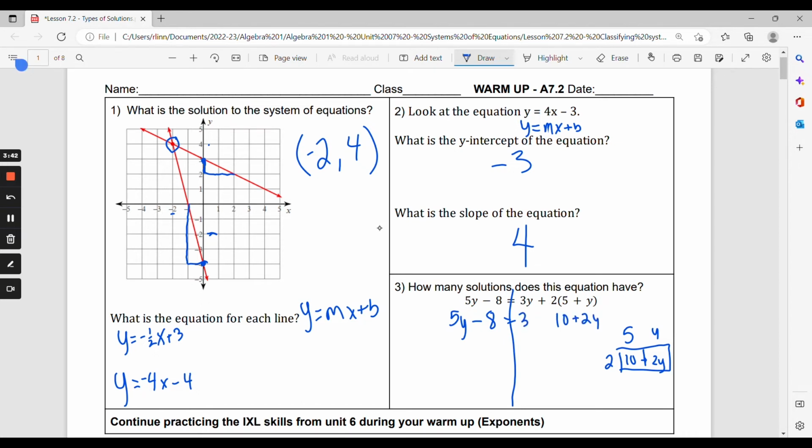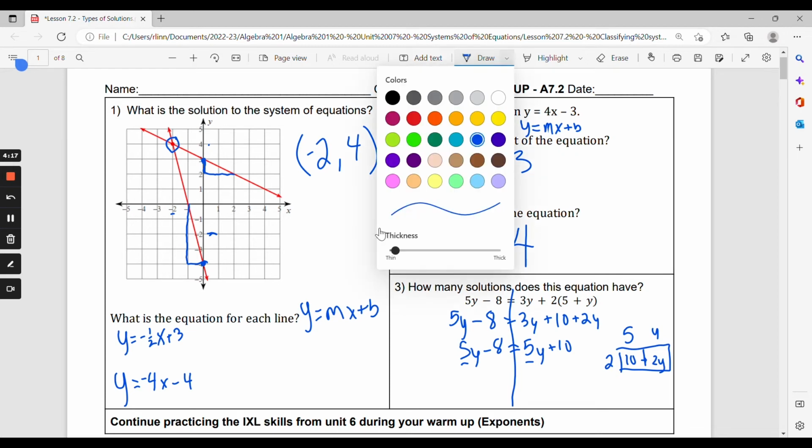And then I can combine some like terms on the right side. I can combine 3y and 2y, which is 5y. So I have 5y plus 10 on the right side, 5y minus 8 on the left side. Now, I remember, and I can look through my guided notes if I'm a little unsure of what it is, but I remember that if I have the same coefficient on both sides, a +5, then that means that I either have no solution or an infinite number of solutions.